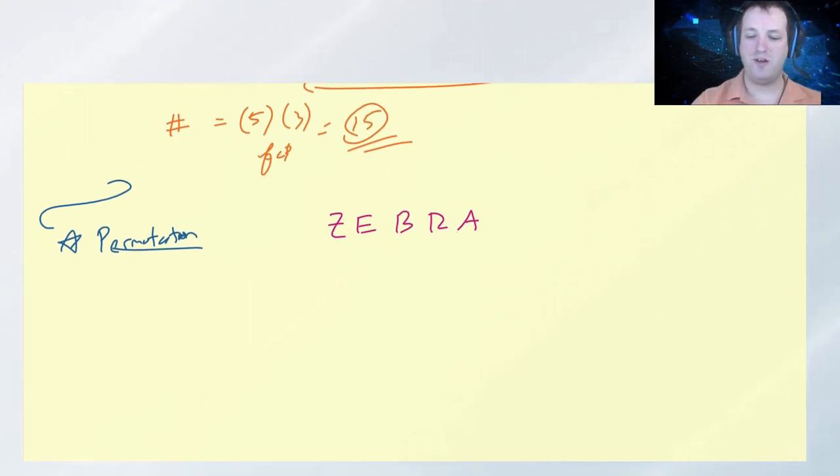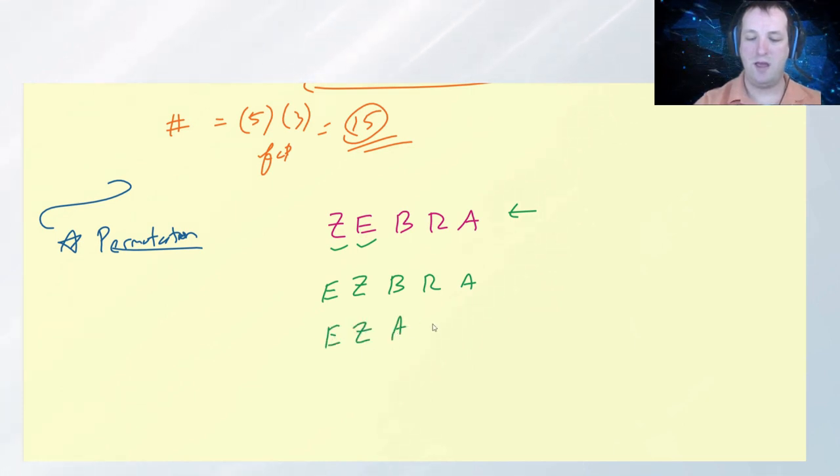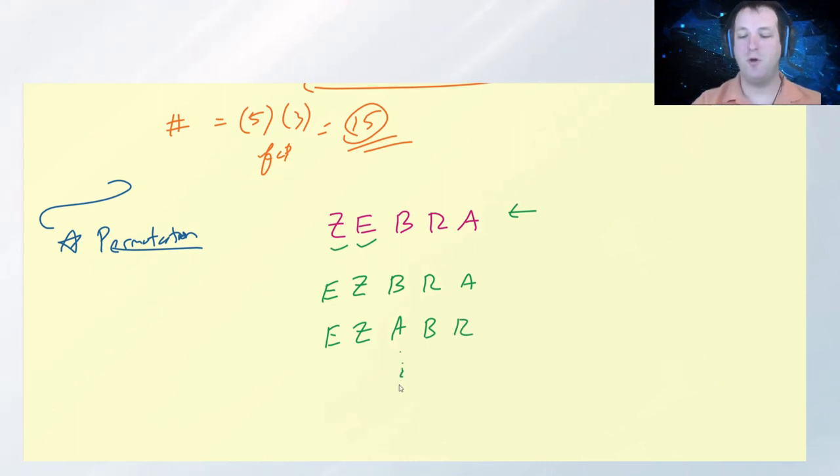So if I do the rearrangements of these letters, for example, I could have the original, that is, I do not permute anything. I could also change these 2 letters. I could get E, Z, and keep everything else the same, B, R, A. I could also have E, Z, A, B, and R, and you could probably list several more.